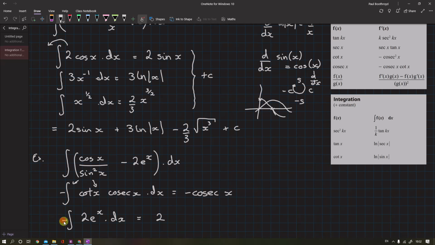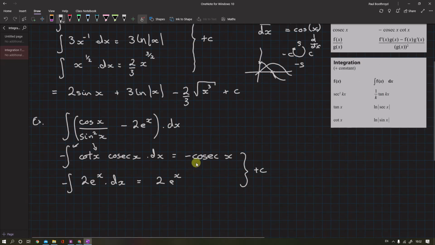It's being subtracted as well up there. So this just gives us 2e to the x, and both of these need a constant again. So we've got minus cosec x minus 2e to the x plus some constant is their second example.